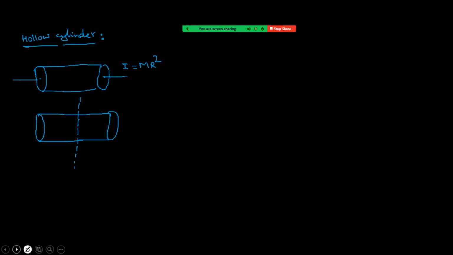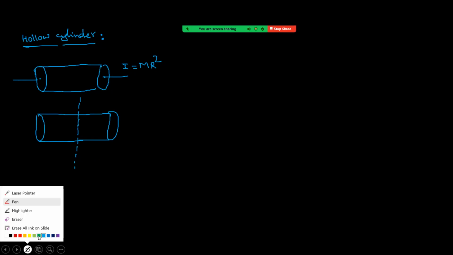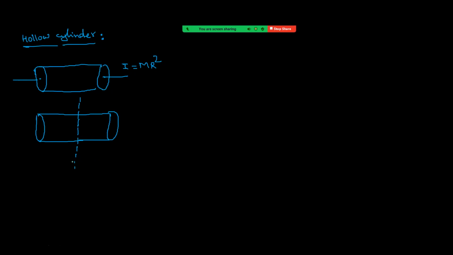So we can take a combination of rings. Let us take, at some distance x, an element of length dx. So we are taking a ring of thickness, or you can say width, equal to dx. So for this ring, about this axis.